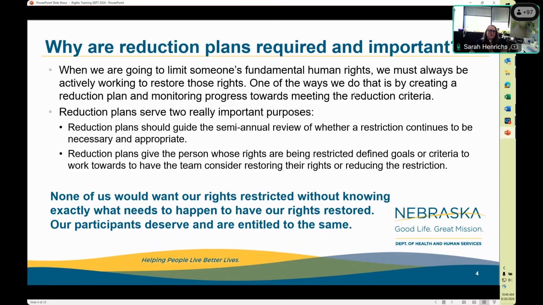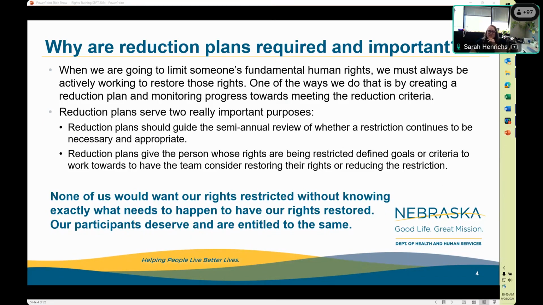So with that, reduction plans functionally serve really two important purposes. They serve a really important philosophical purpose, but functionally, your reduction plan is what you should be looking at most at your semi-annual review. We require you to review all restrictions semi-annually, right? What do we want?